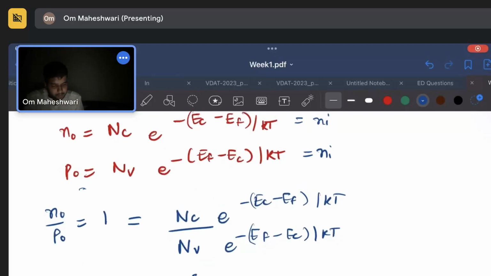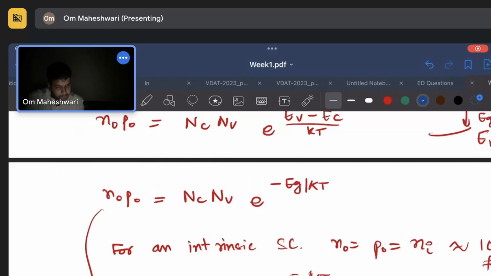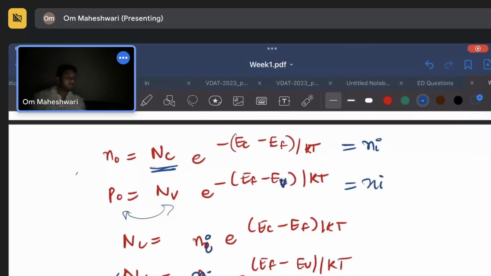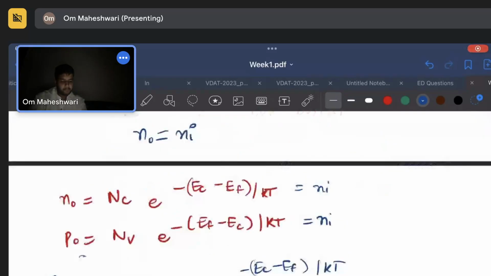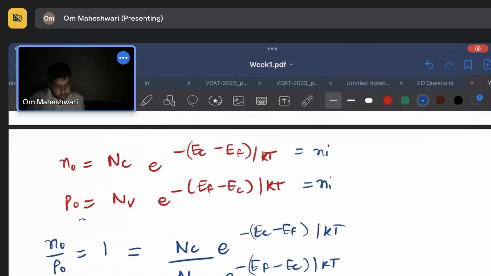So this is nc by nv e to the power minus, okay, minus ec plus ef minus ef minus ev, it's ev, sorry. So this will go up, plus ef minus ev, whole upon kt.